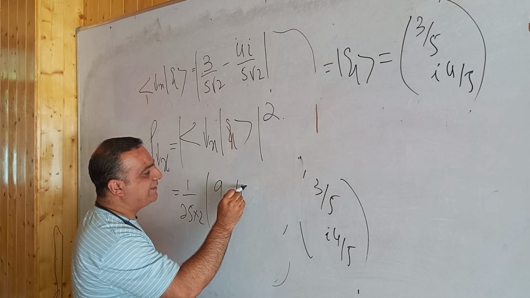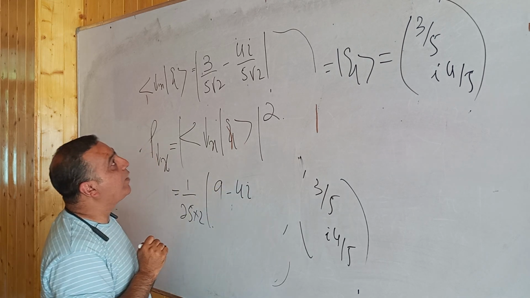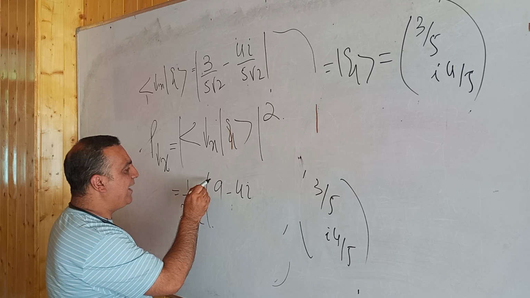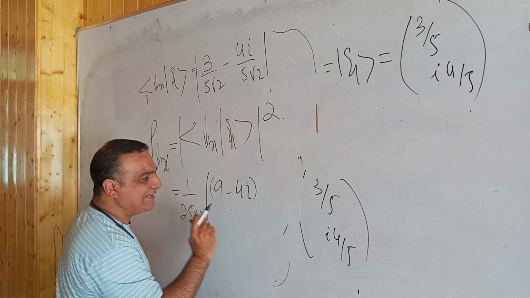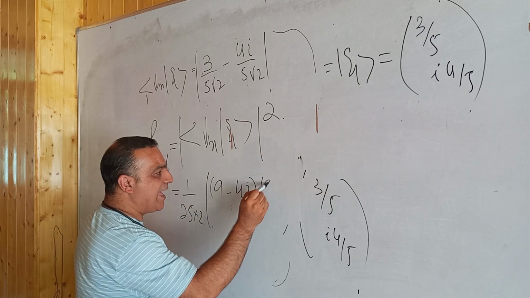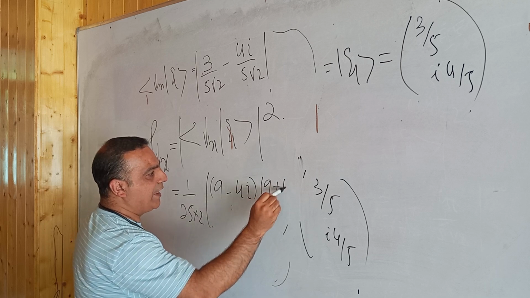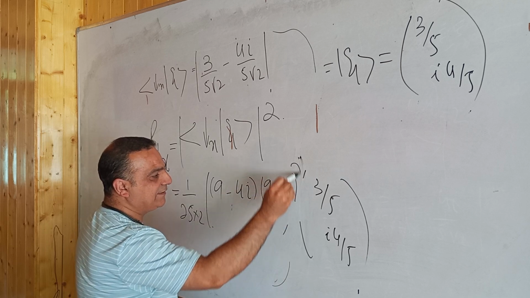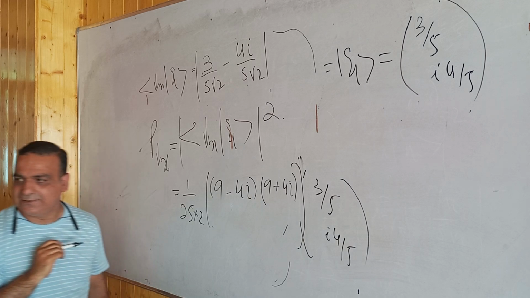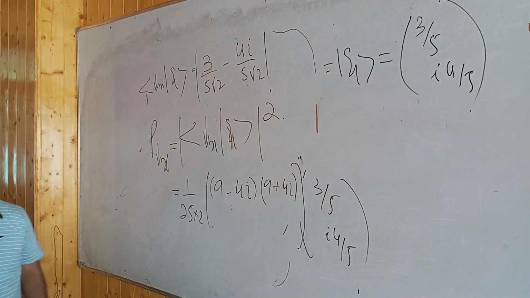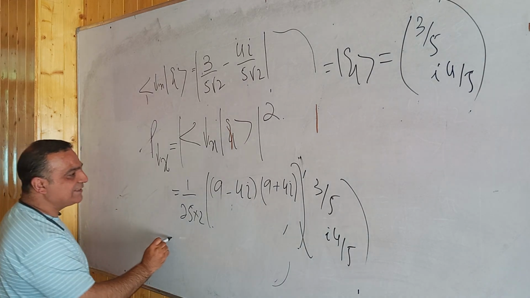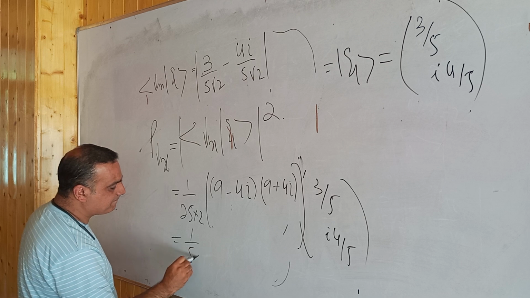No, it will not come like that. It has 4i, and you have to multiply this with 9 plus 4i. That's it. This is how we have to multiply it. Now, this is 1/50.